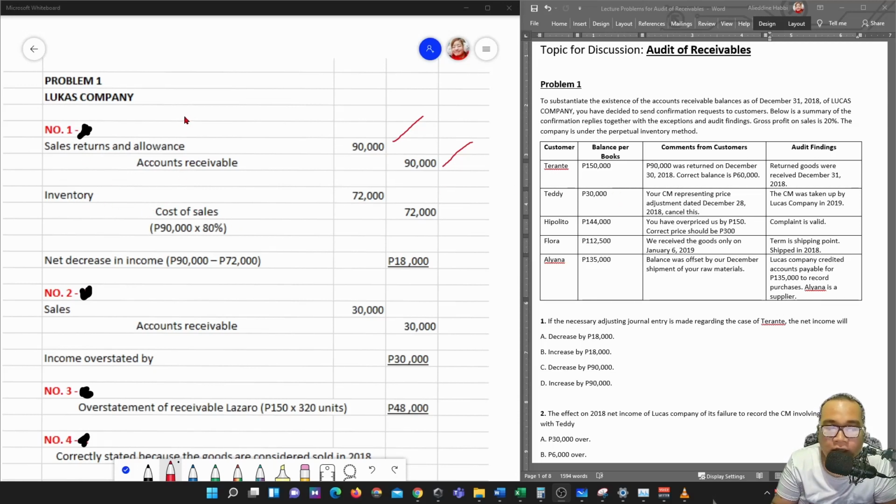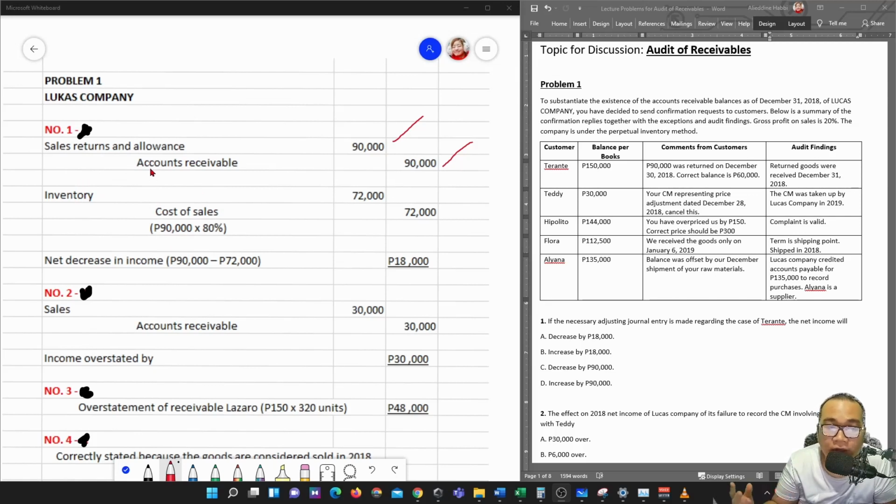Since nagkaroon ng returns, sinauli yung inventory in the amount of 90,000 pesos, yung sales. So with that said, yung kapartner niyang pagbalik rin ng inventory, recorded yung inventory debit and yung cost of sales or cost of goods sold, depende, pareho lang yan sila dalawa, babalik rin.